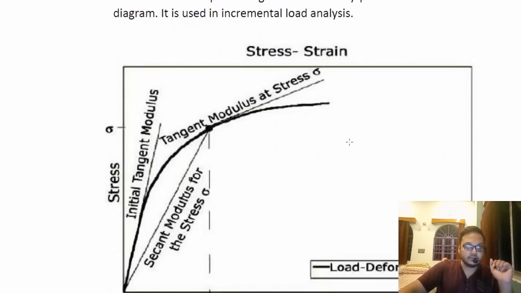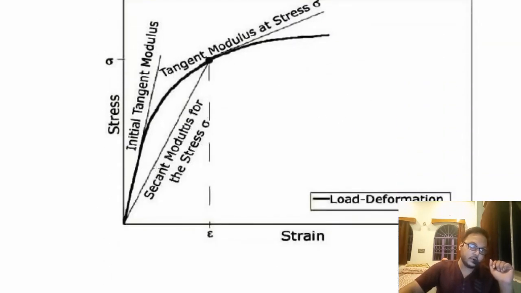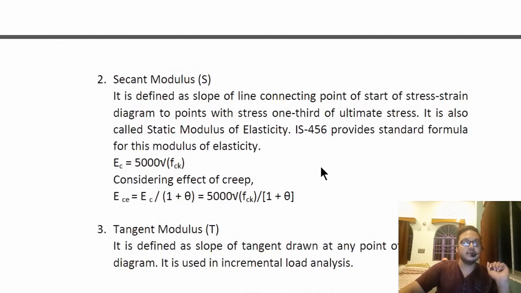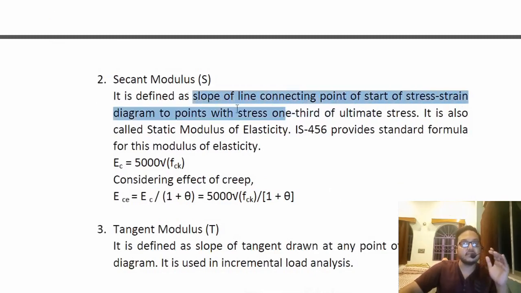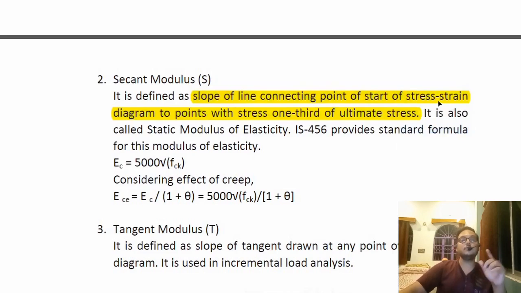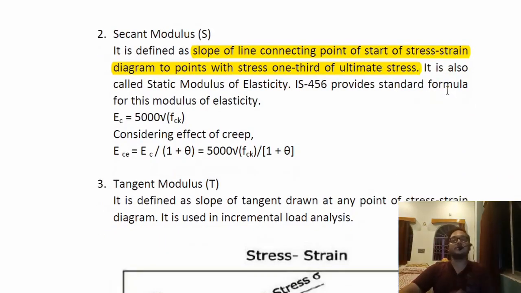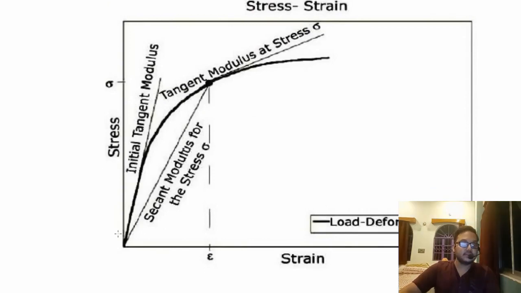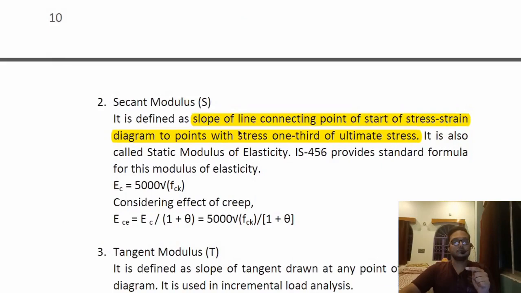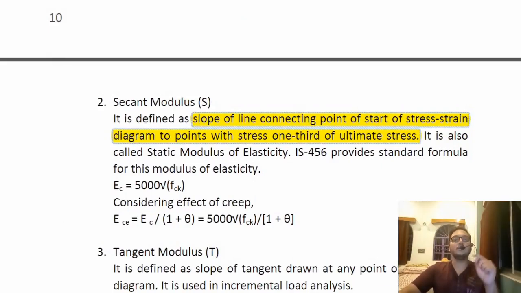Next is the second modulus. The second modulus for the stress sigma is over here, and it is defined as the slope of the line connecting the point of start of the stress strain diagram to the point with stress 1/3 of the ultimate stress.